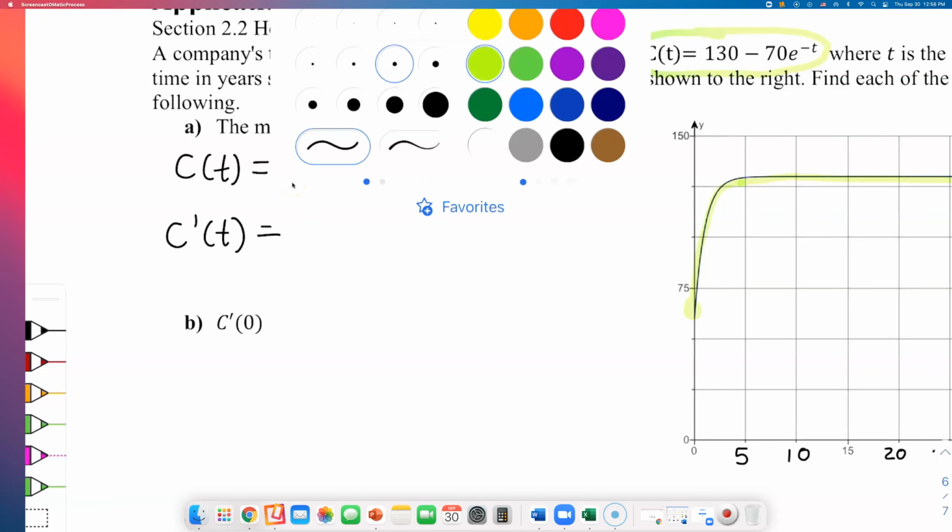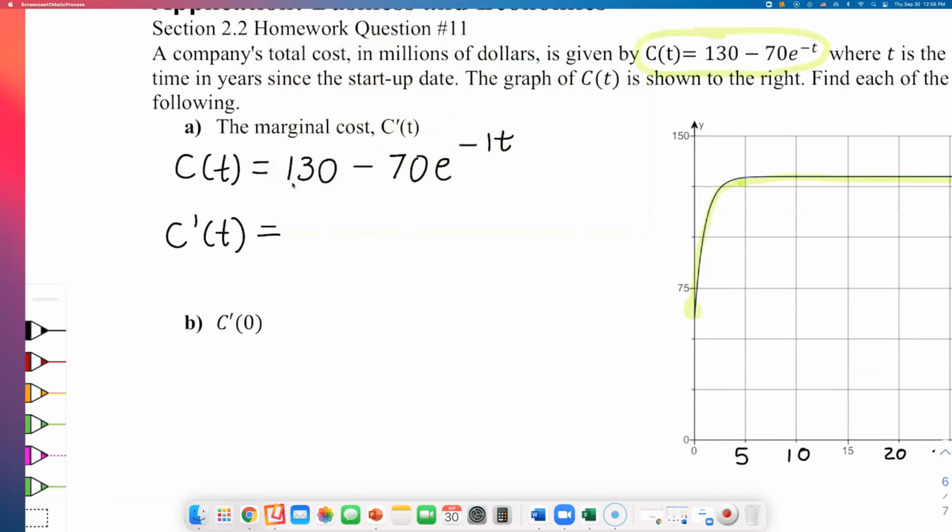But next I need to do negative 70 times negative 1. That is positive 70. And you have to copy down the exponential term exactly the same. So that is the marginal cost, C prime of t function.